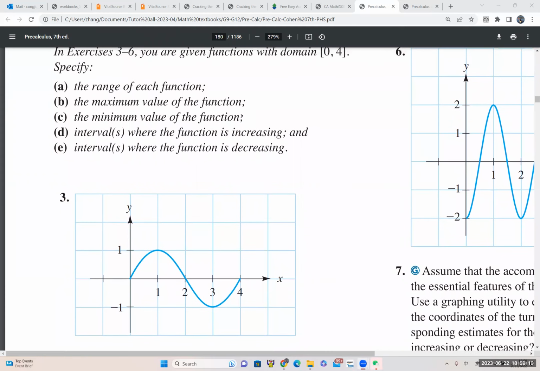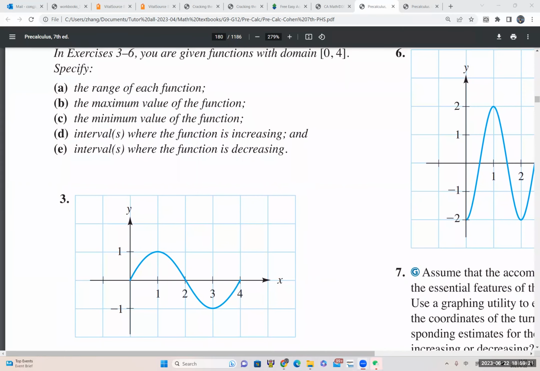Yeah, so let's go here first. Everybody. Range. Is it plus minus? Then B, maximum, actually 1. Minimum, -1, right? The interval where the function is increasing. Interval, 0 to 1. Yeah, make sure you write it correctly.